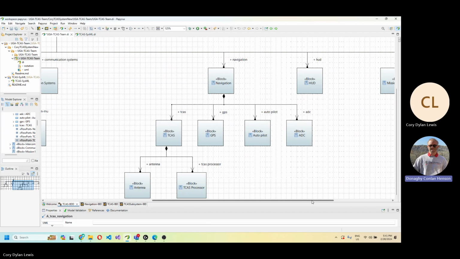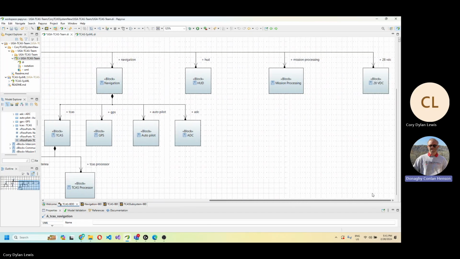And moving to the third subsystem within the C-130J network is the heads-up display. The fourth subsystem is the mission processing, and the final is the 28-volt subsystem that handles the electrical connections that will be used within the IBD and control the overall electrical connections of the physical components.